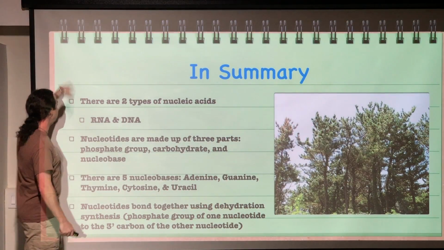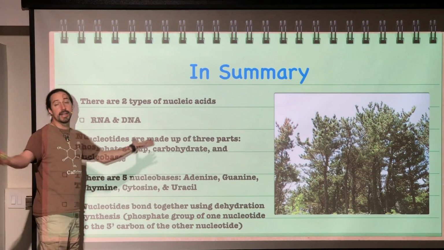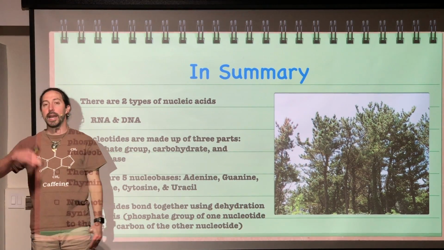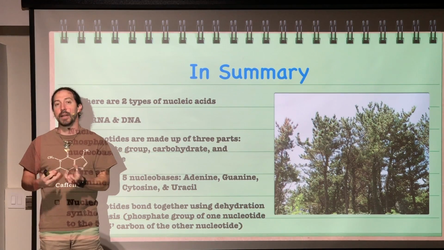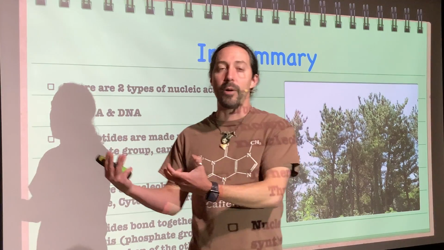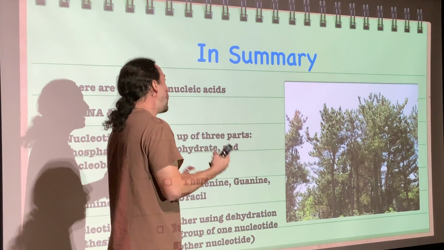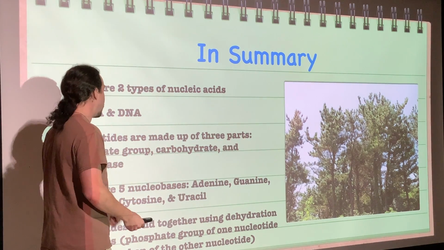So in summary, there are only 2 types of nucleic acids. It's the RNA and DNA, and that's based purely upon that sugar that happens to be in the middle of our nucleotide. Is it ribose or is it deoxyribose? That determines which type of nucleic acid we have.